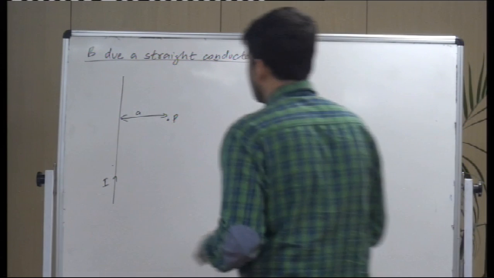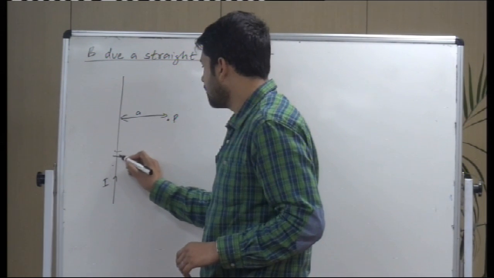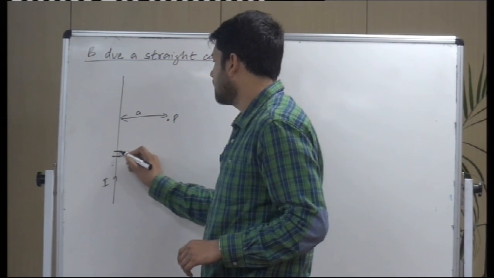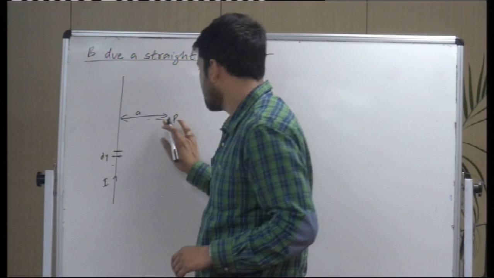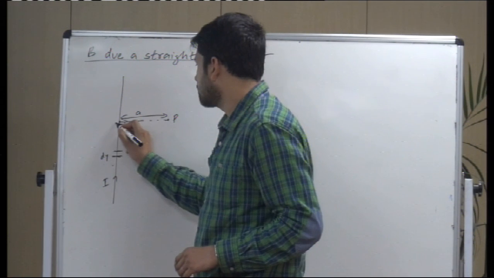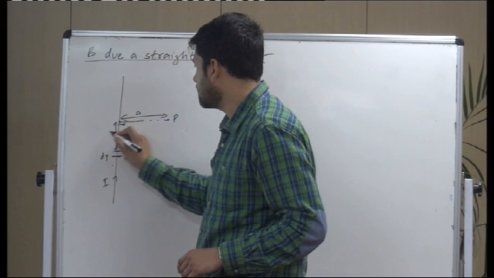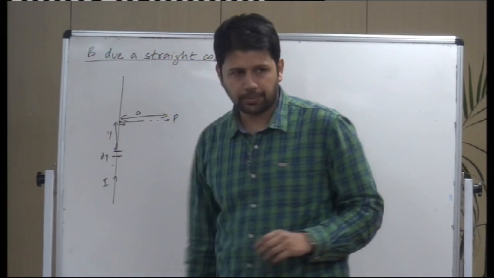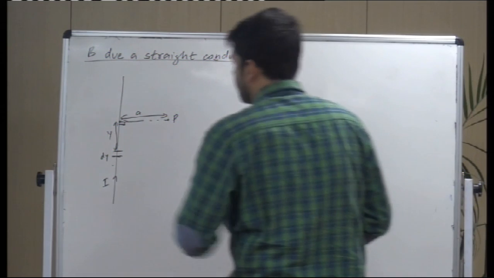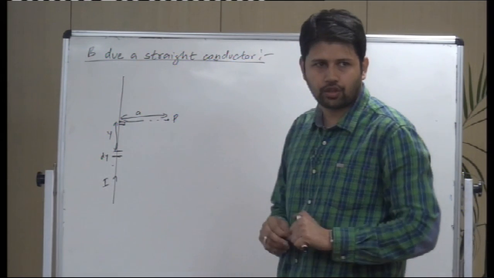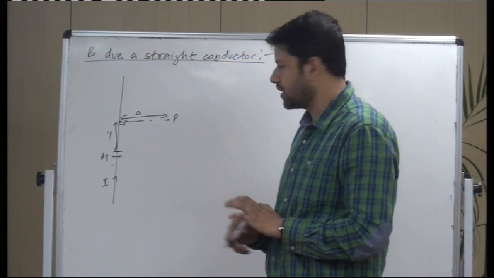Now let's consider a small element dy. I drop a perpendicular, so the distance is y from the foot of perpendicular. So we take a small element dy at a distance y from the foot of perpendicular.